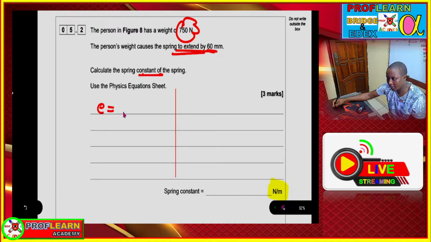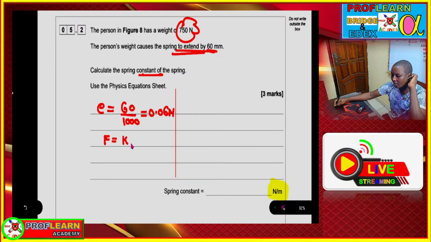Extension is going to be 60 divided by 1000, which gives 0.06 meters. Then the force is going to be equal to the weight of this person.